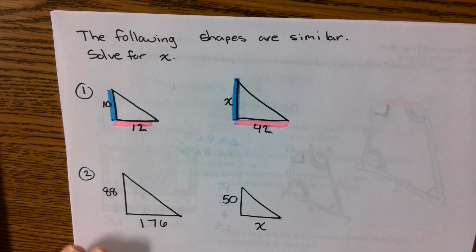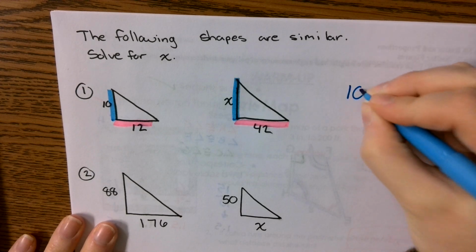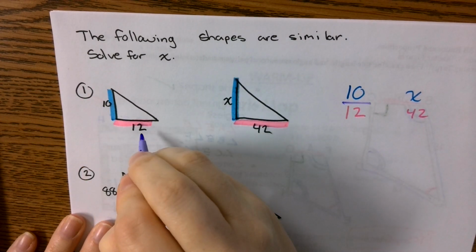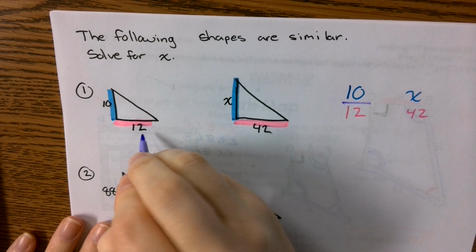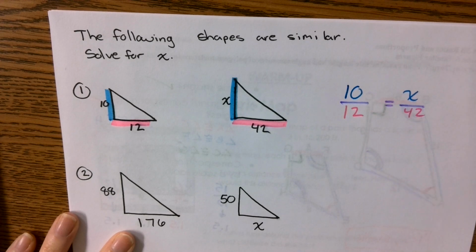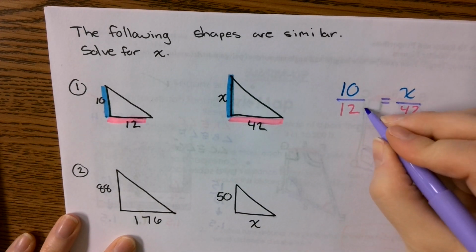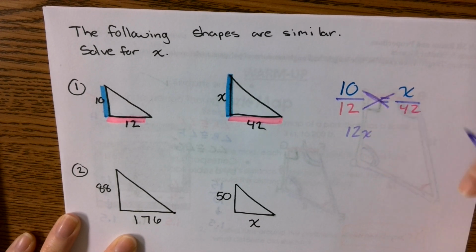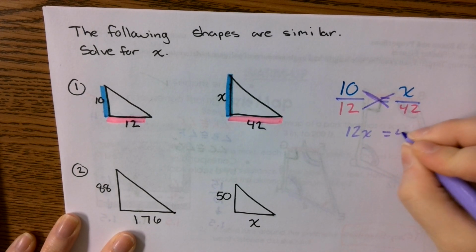So we can set it up as a proportion where we have 10 over 12 for the triangle that we know, and x over 42 for the triangle we're trying to figure out. Then we can do the cross product. We multiply 12 times x to get 12x, and 10 times 42 gives us 420.